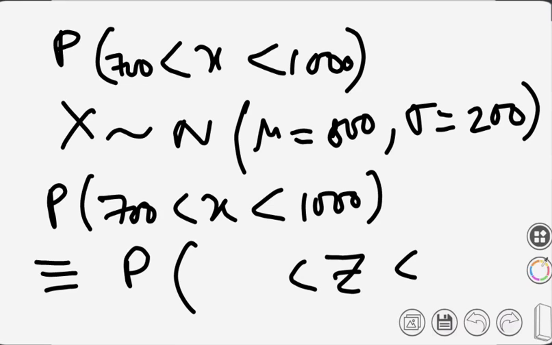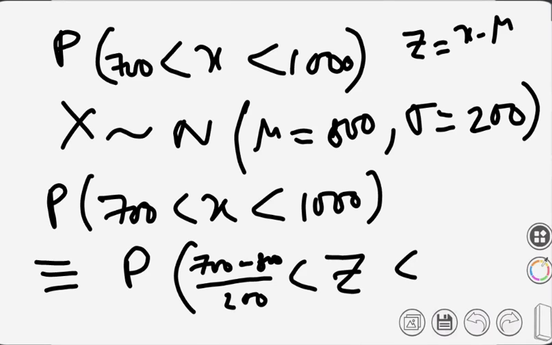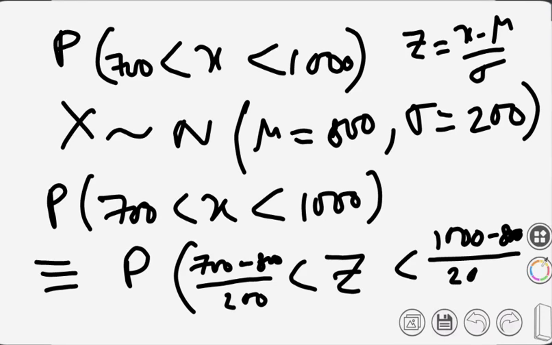Always remember, for this kind of problem z is x minus mu by sigma. So 700 minus 800 by 200, and 1000 minus 800 by 200.